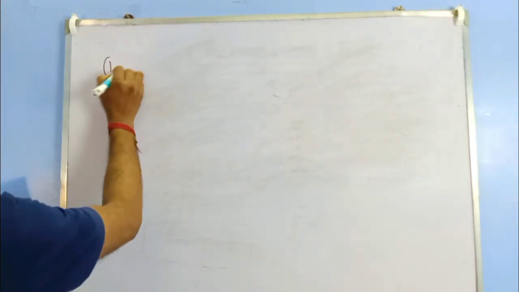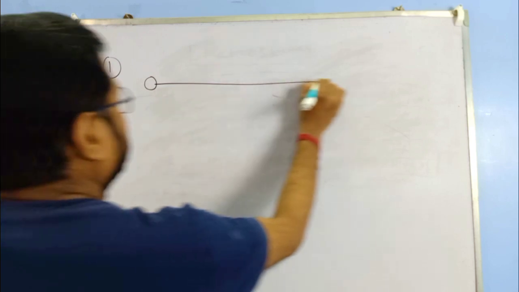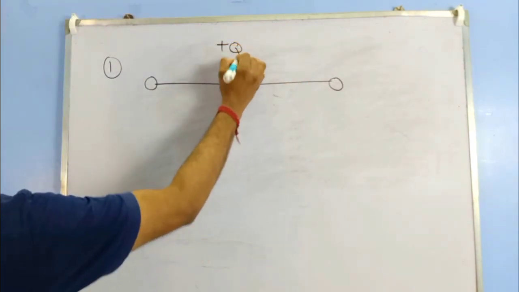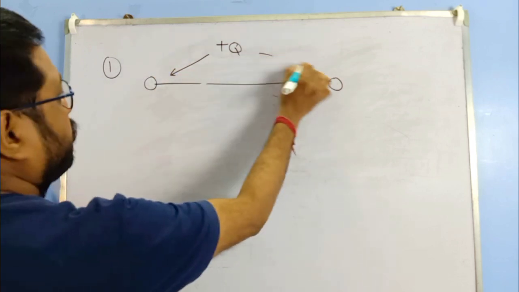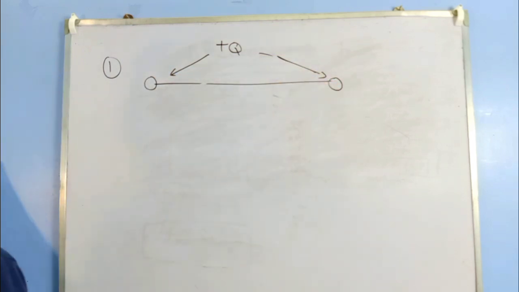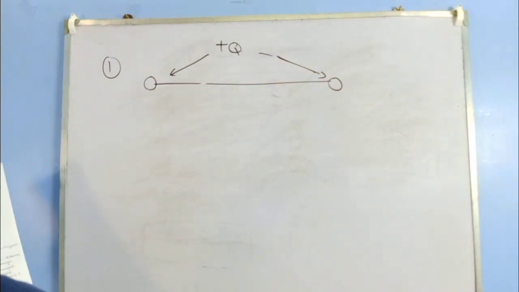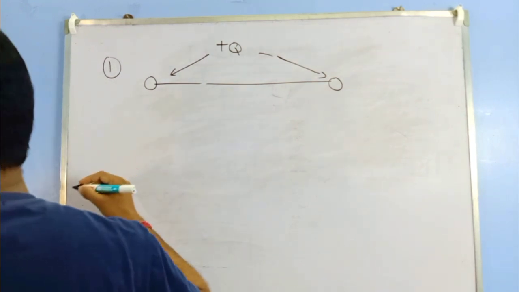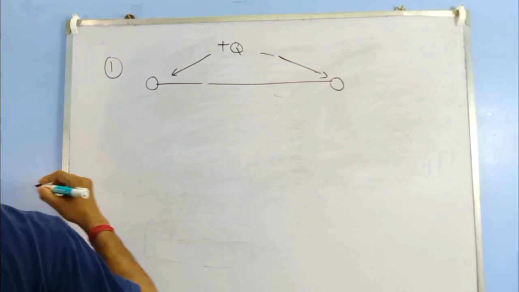A charge plus Q is divided on two objects. What should be the values of the charges on the objects so that the force between the objects is maximum?